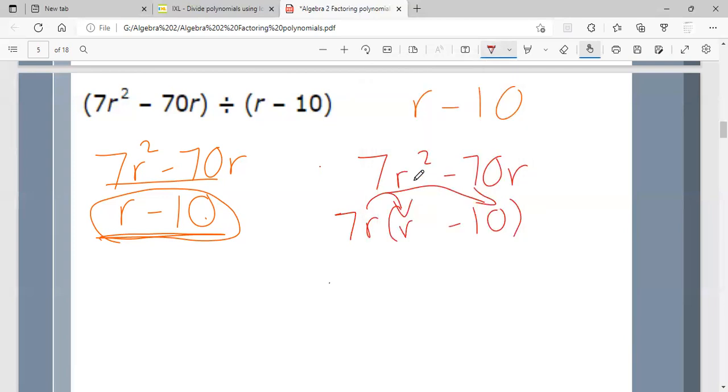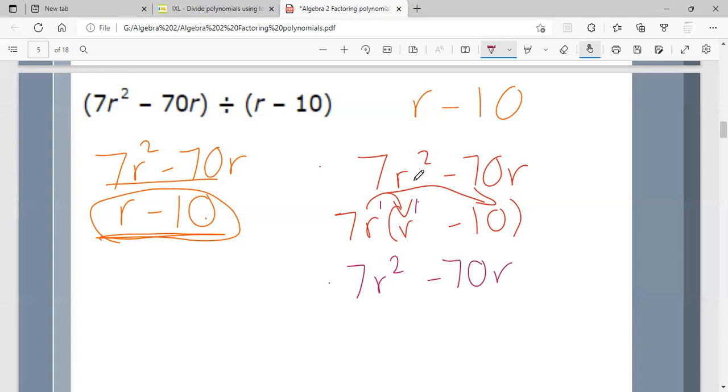So 7r times r. What do we know about when we multiply and we're dealing with exponents? Well, we know that r by itself has the power of 1. And when you multiply, you add them together, so it gives you 7r squared. And then minus 70r. That's the same as I had in the numerator.